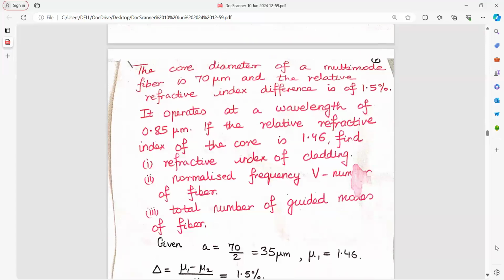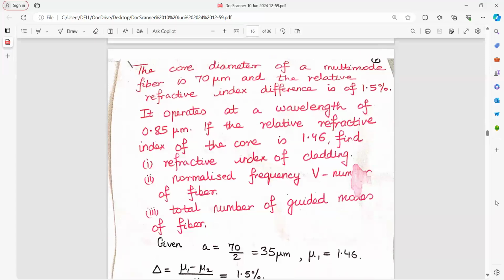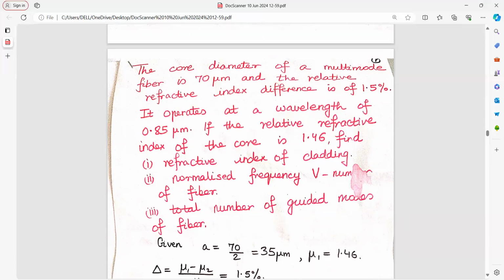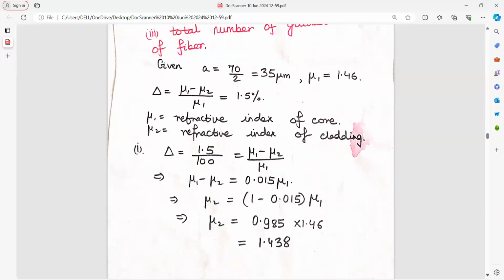The core diameter of a multimode fiber is given, relative refractive index difference is given, operating at a wavelength is given. You have to find the refractive index of cladding, normalized frequency, total number of guided modes of the fiber. So you will very simply put the formula values.